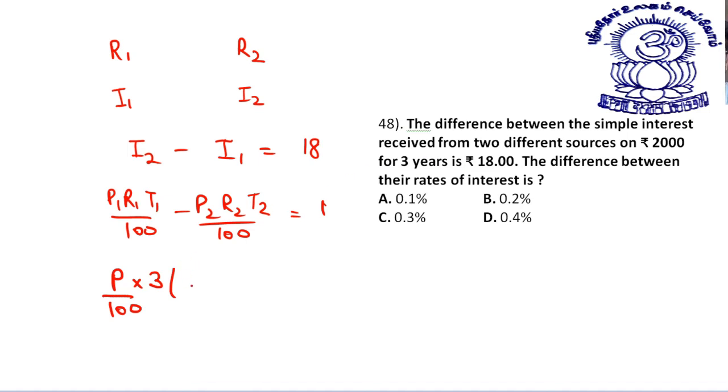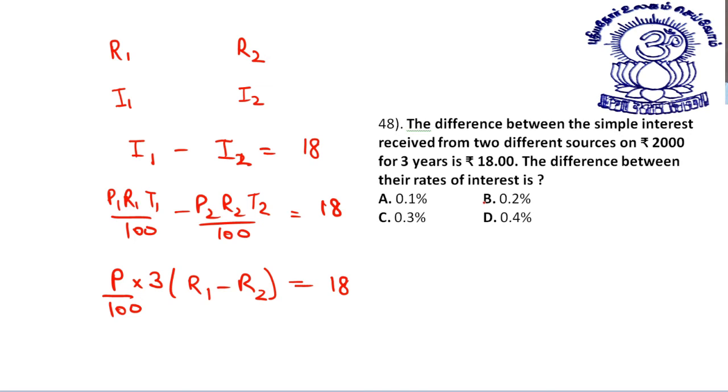Now what I have is R1 minus R2, multiplied by P T by 100, as per this is given to us as 18. We need to find the difference between their rate of interest.